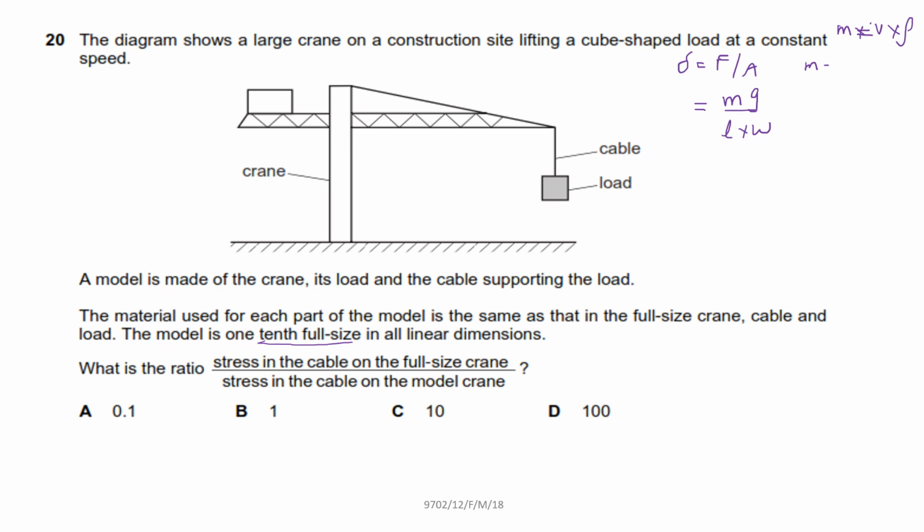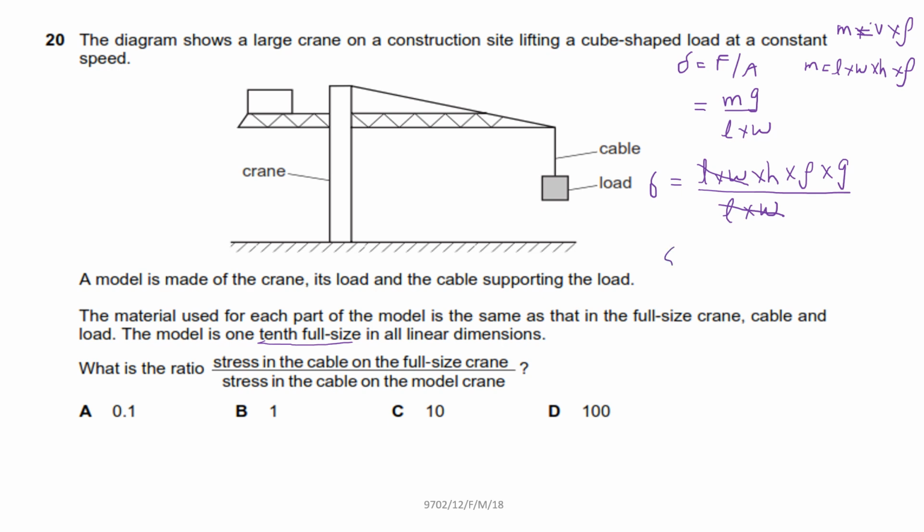So mass is length into width into height, and by substituting m, sigma is length into width into height into rho into g divided by L into W. So LW is cancelled with LW, and you are left with sigma equal to h rho g.